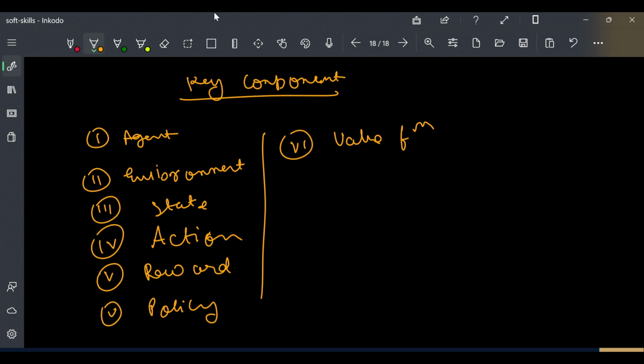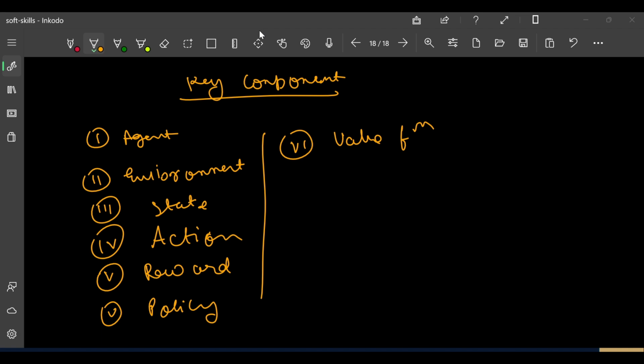So in examples and applications, you can take game playing, robotics, self-driving cars, recommendation systems, healthcare systems, etc. If we talk about the advantages of reinforcement learning, it can solve complex problems that other machine learning methods can't.